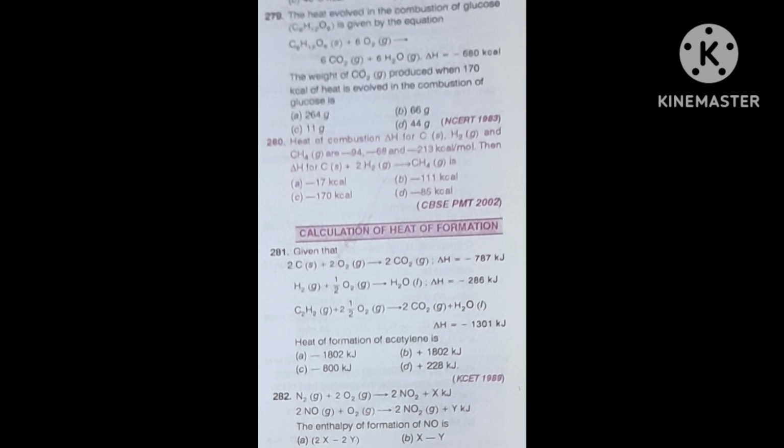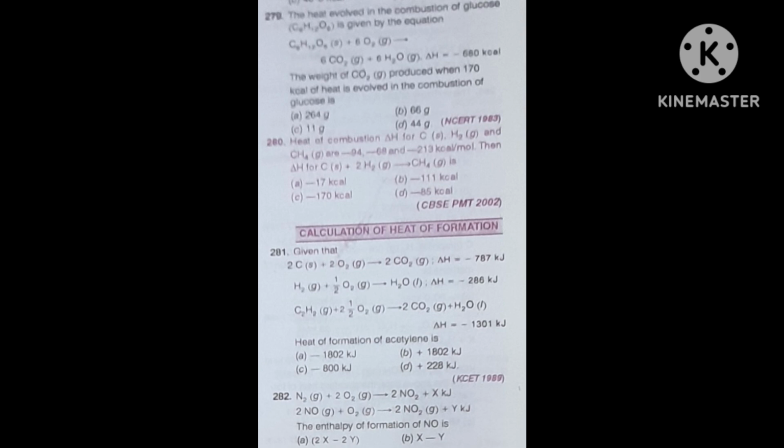The heat evolved on burning 39 gram of benzene in open vessel will be: first option 390 kilocalorie, second 780.9 kilocalorie, third 390.45 kilocalorie, fourth 780 kilocalorie. See the question. This question was asked in Manipal PMT.